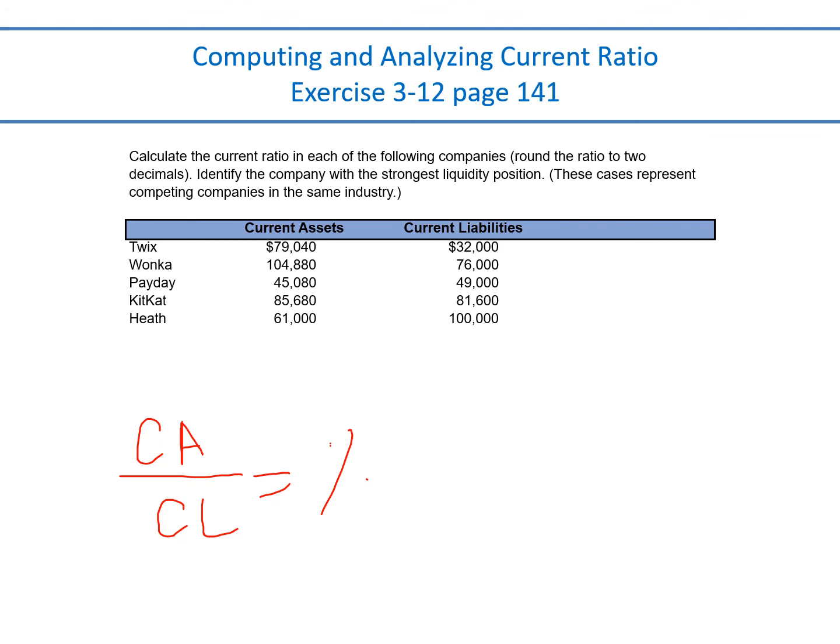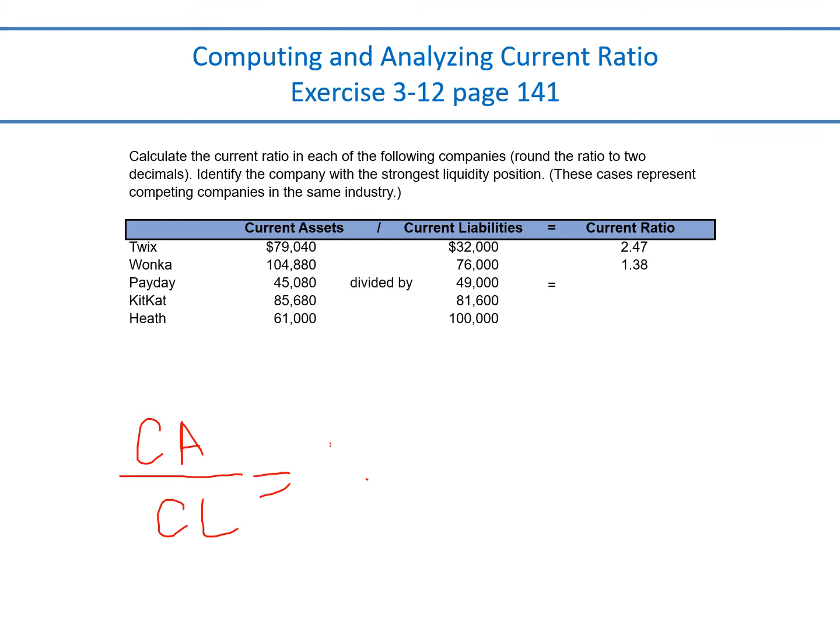So current assets of 79,040 divided by current liabilities of 32 would be a current ratio of 2.47. Wonka Company, 104,880 divided by 76, is a current ratio of 1.38.